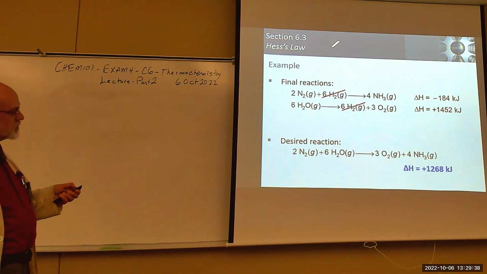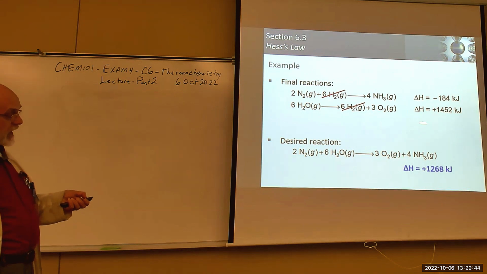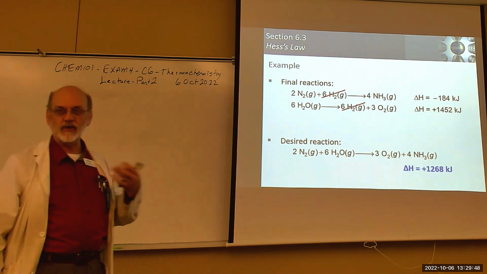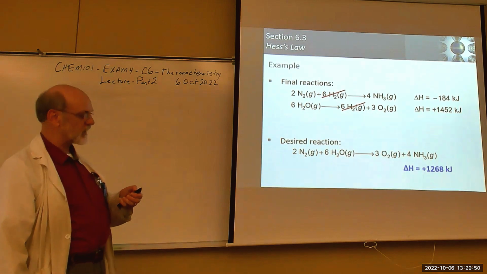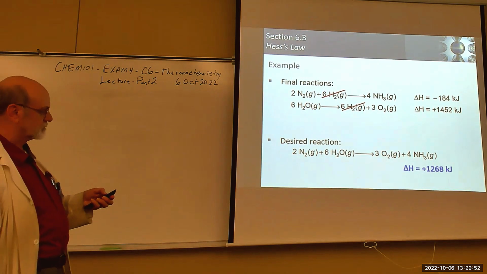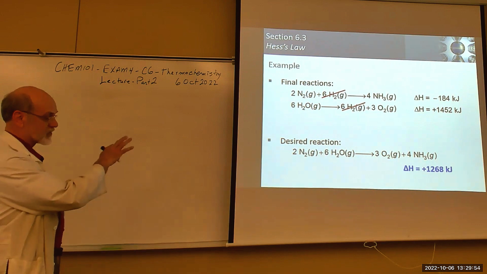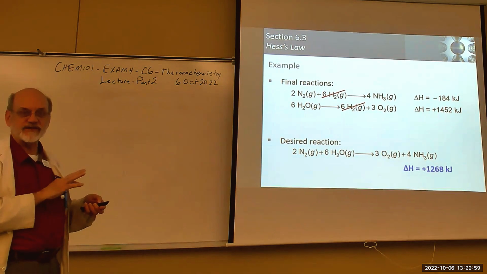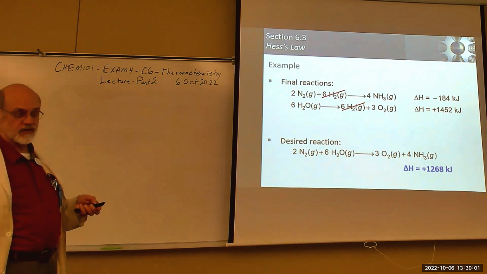And check to be sure that you've got the right numbers of each one down here, there, there. Then, and at the same time, you're keeping track of your enthalpies, changing signs, multiplying by your factors. Then you can add them together. And this reaction should be endothermic to the tune of 1268 kilojoules. So it's going to get really cold.